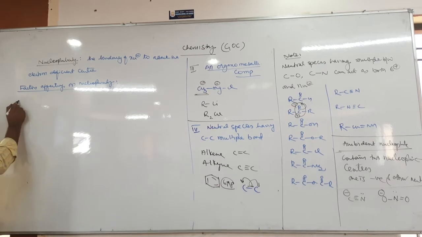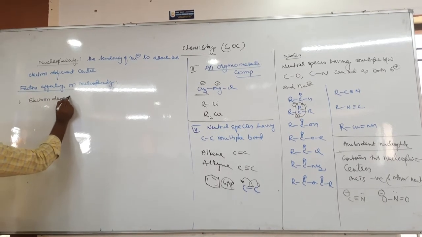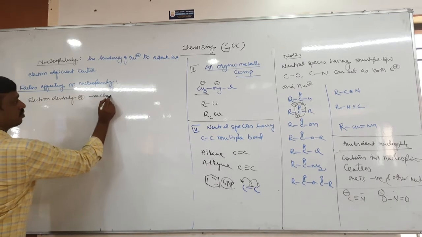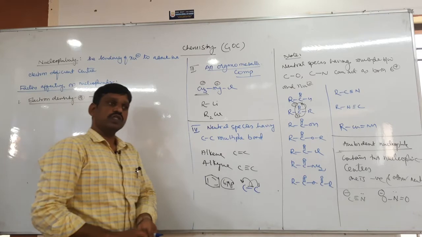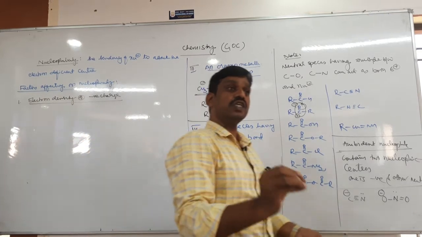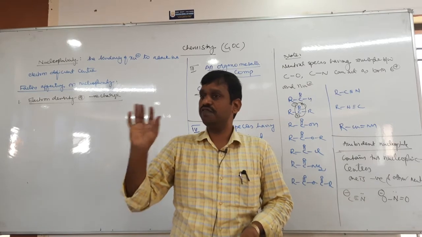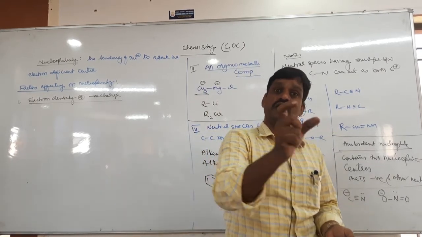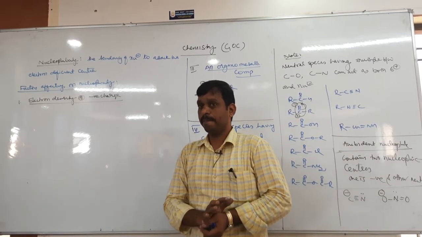One is electron density or negative charge. We know that a nucleophile has the tendency to attack the electrophilic center, that is, the electron deficient center. Can you tell me in what way nucleophilicity depends on negative charge or electron density?